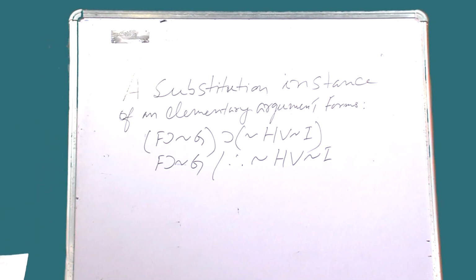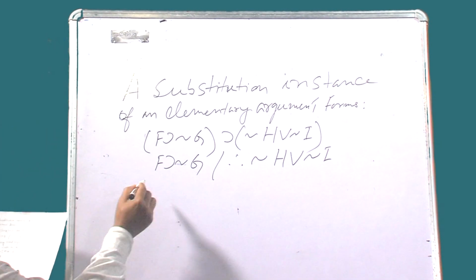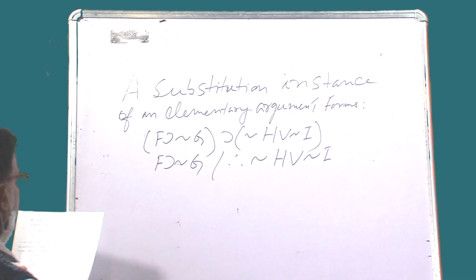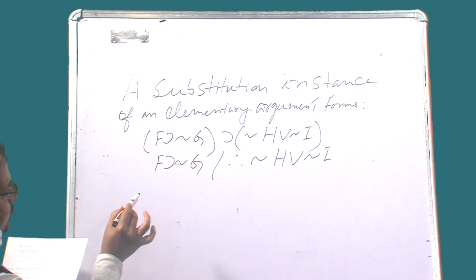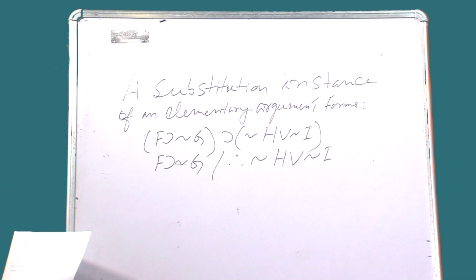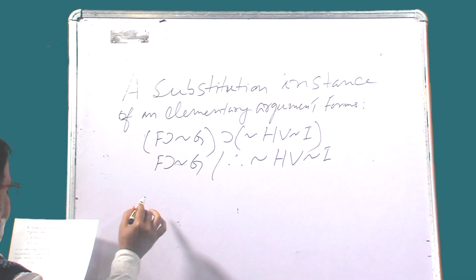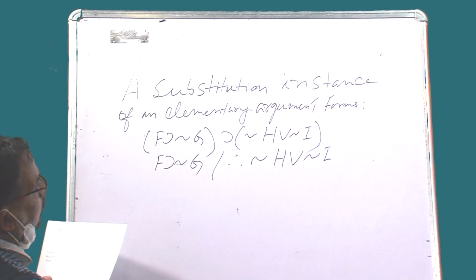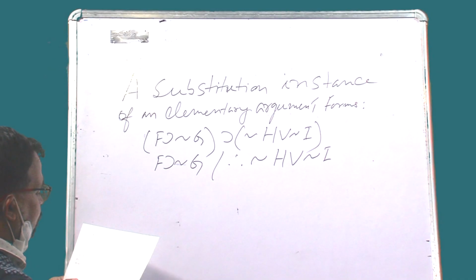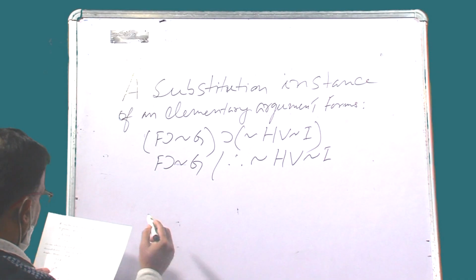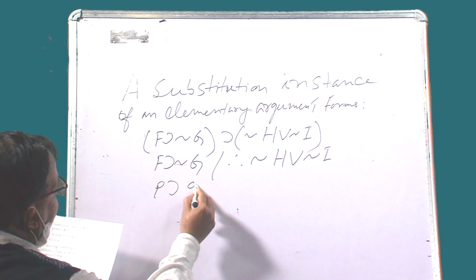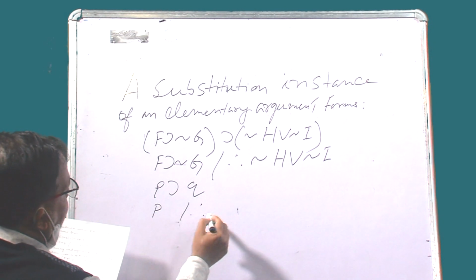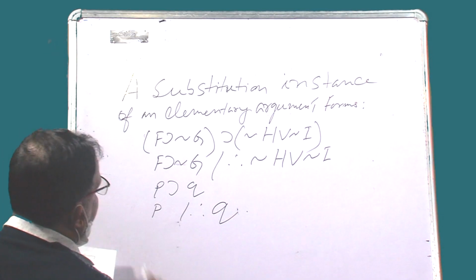Now you see, dear learners, this is an elementary valid argument form because it is a substitution instance of the elementary valid form modus ponens. So it results from P implies Q, P, therefore Q.